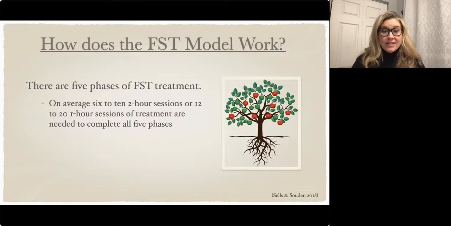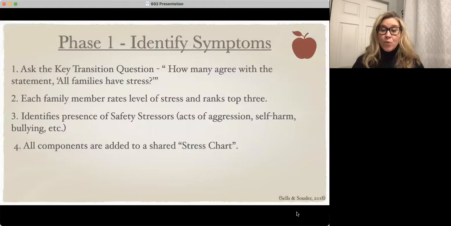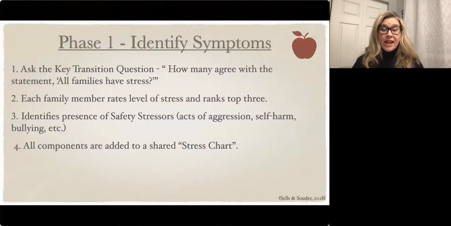How does the FST model work? So there are 5 phases of treatment. On average, 6 to 10 2-hour sessions or 12 to 20 1-hour sessions of treatment are needed to complete all 5 phases. Phase 1 is where the therapist and the family identify the symptoms. The therapist asks the question at the beginning of how many agree with the statement that all families have stress.